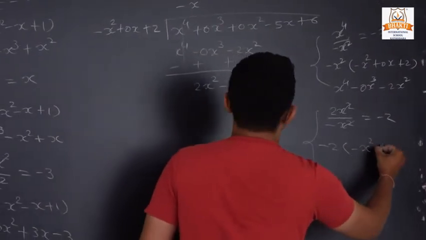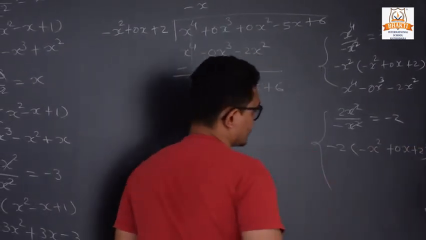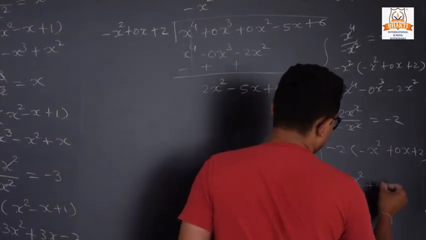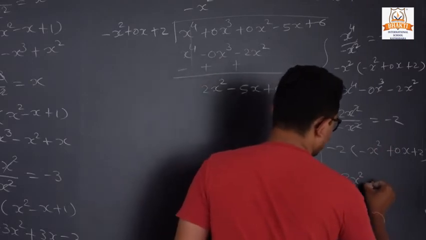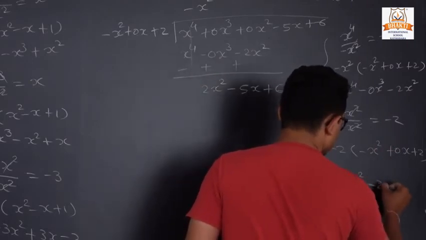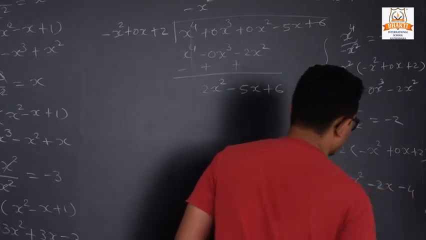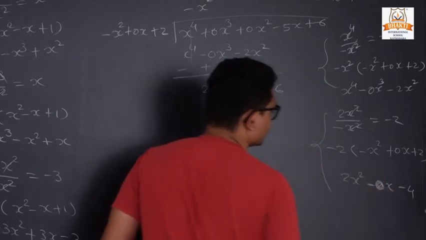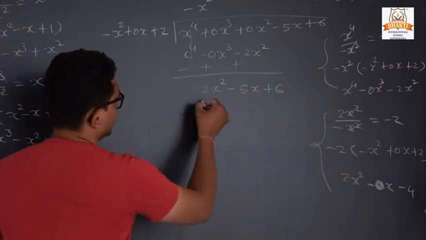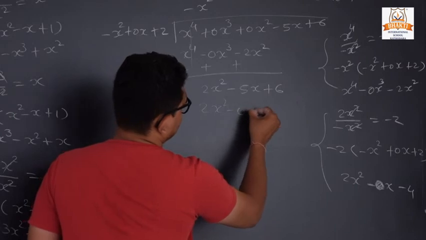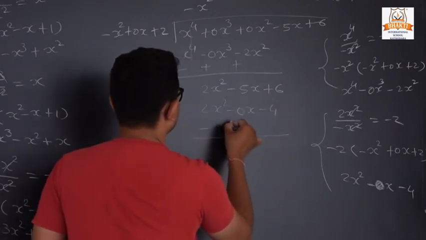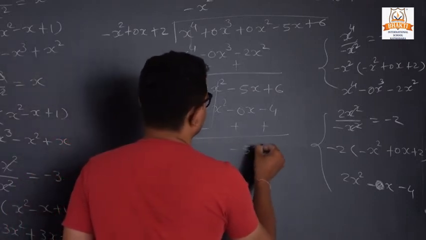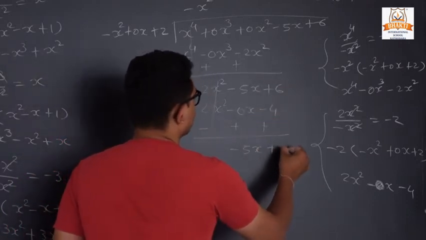Minus x square plus 0x plus 2. So minus minus plus, so it will be 2x square plus 0 into 2, so it will be 0. Next, so here we can put 2x square minus 0x minus 4. Once again sign will be changed. These both are cut. So answer minus 5 plus plus, so it will be 10.